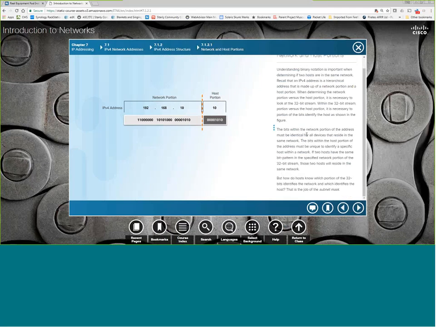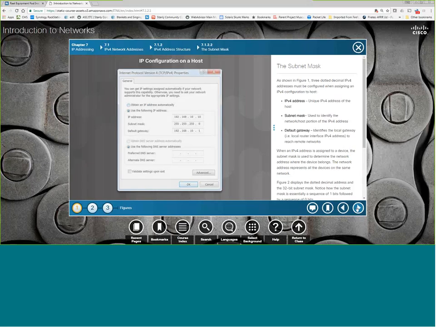The thing that is used to determine what portion is a network and what portion is a host is the subnet mask. By definition, a subnet mask is used to determine what portion of an IP address is the host portion and what portion is the network portion.